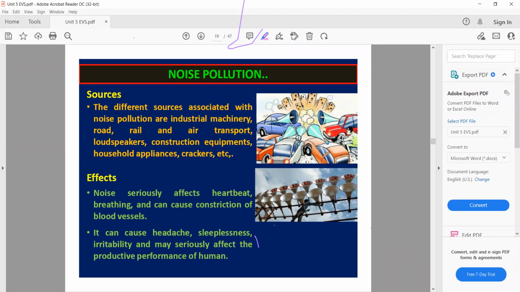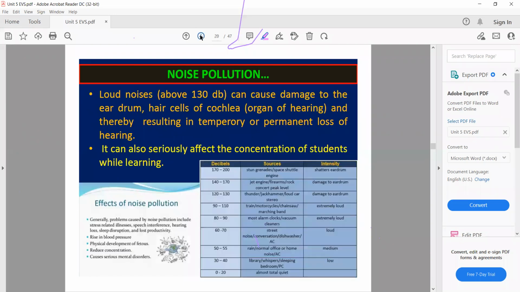Noise seriously affects heartbeat, breathing, and can cause constriction of blood vessels. It can cause headache, sleeplessness, irritability, and may seriously affect the productive performance of human beings. Loud noises above 120 or 130 decibels can cause damage to the eardrum, as I was just now telling.